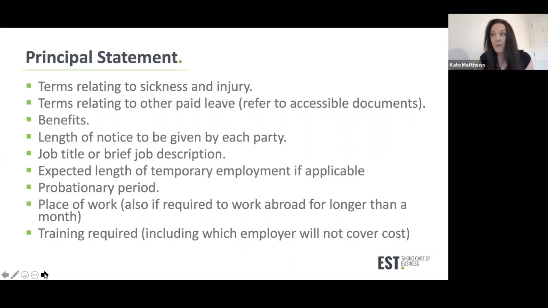So, for example, are you going to offer enhanced pay for maternity leave or paternity leave? There is now statutory payments, for example, that also apply to bereavement leave for parents. All of these things have to be stated in the principal statement, along with any other benefits.